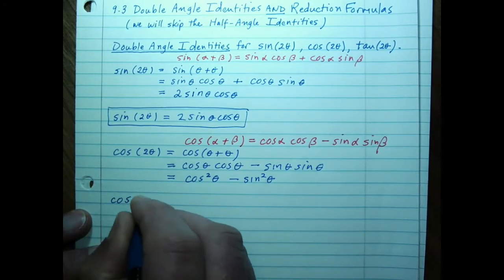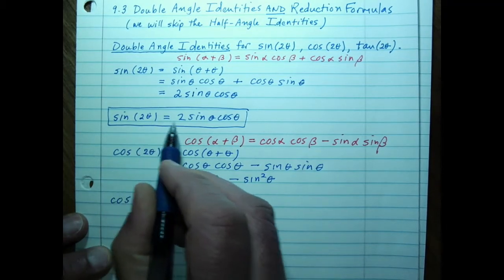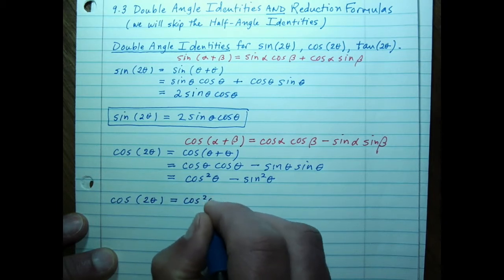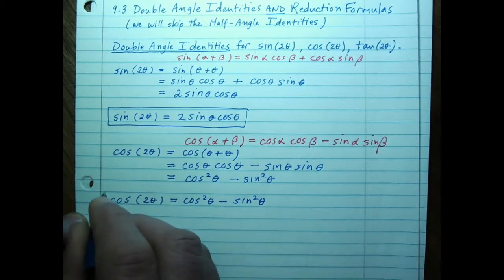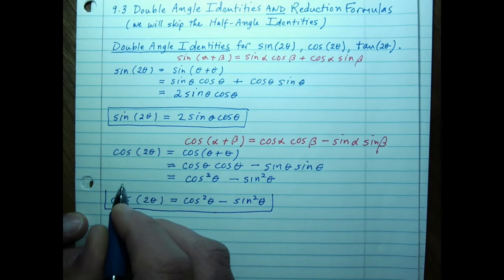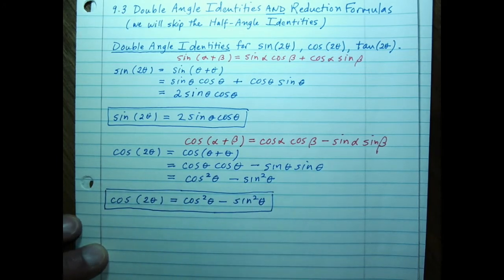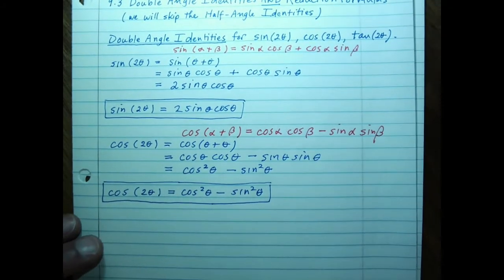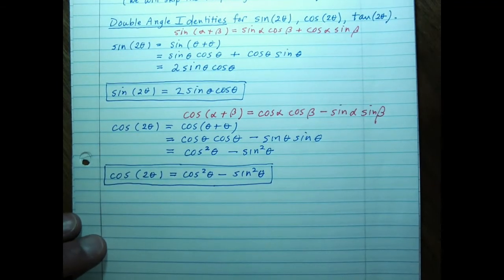So we have cosine of 2 theta has an identity that looks very different from the double angle identity for sine. We're getting cosine squared theta minus sine squared theta. And it doesn't seem surprising to me that these identities are very different for sine and cosine, because the sum identities, the alpha plus beta identities for sine and cosine, were also very different.